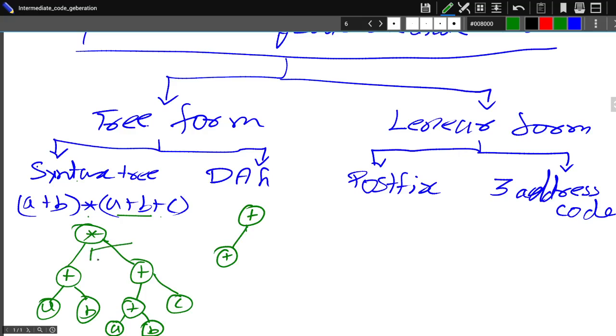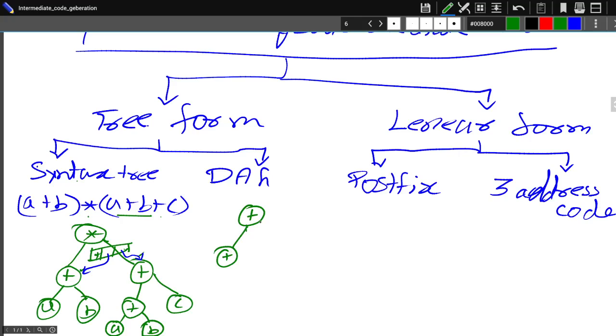You will have a node where you store multiplication, and then you will store addresses pointing to the left node and the right node. Now here you will reuse this existing node.